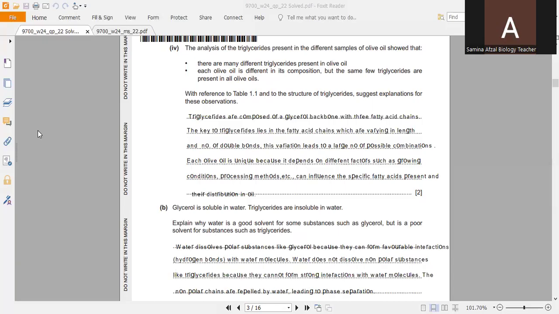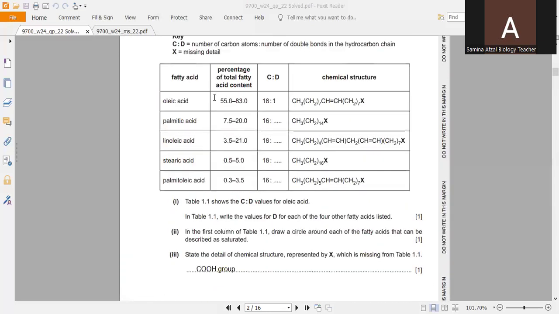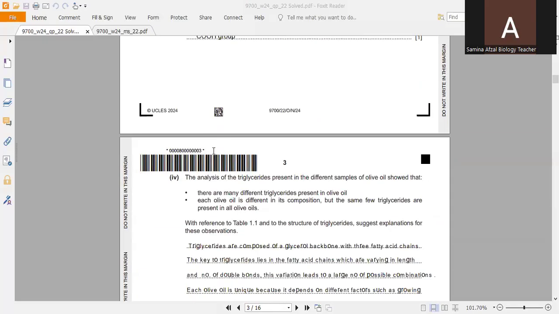With reference to table 1.1 and to the structure of triglycerides, suggest explanations for these observations. First of all, we come to the table. You can see this table and the structure of all these different types of fatty acids: oleic acid, palmitic acid, linoleic acid, stearic acid, and palmitoleic acid. They all have different structures from each other.